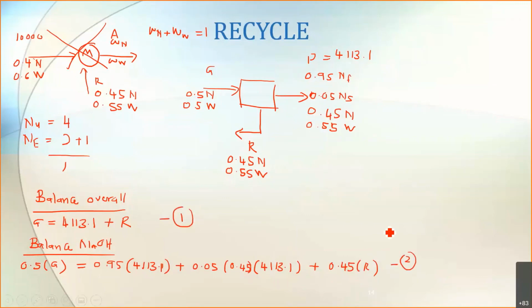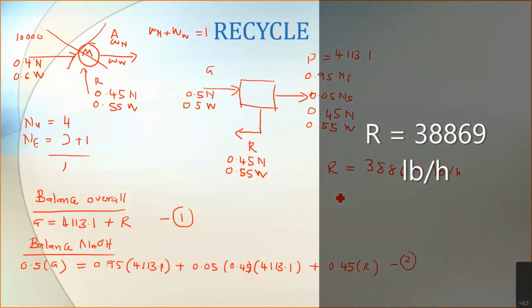So you can also do a balance on water. Using any of these three equations, you can find the value of R. By using this equation, you find that R is equal to 3886.9 pound per hour.